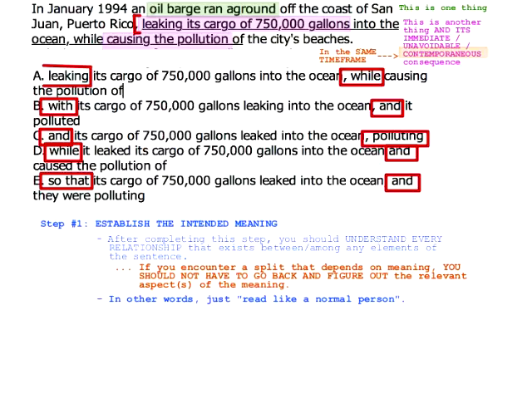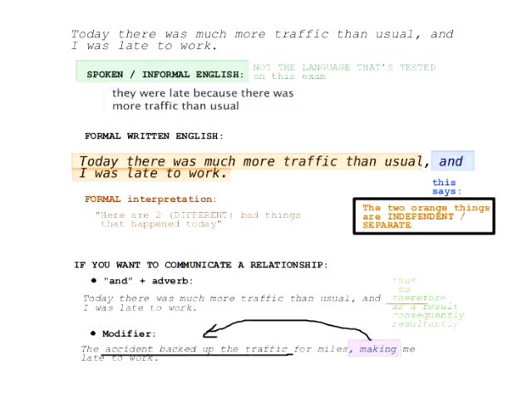Now remember what we had to say about and. If you're going to use and without qualifying adverbs like therefore or so or as a result or whatever, you should be signifying ultimately things that are different. They don't have to be totally independent. They just have to have separate existences from one another.